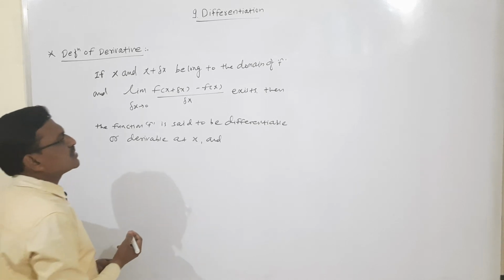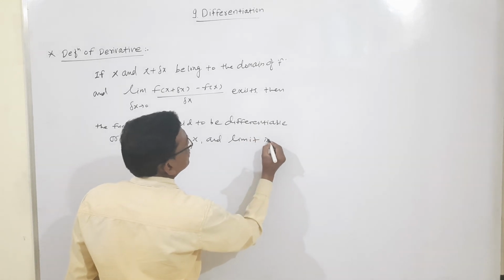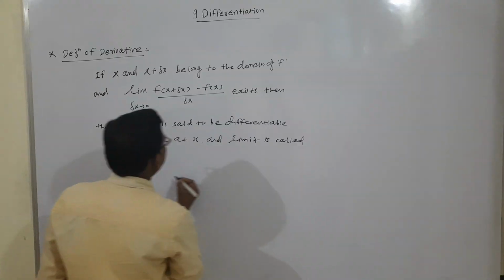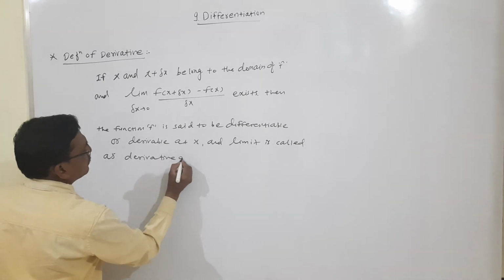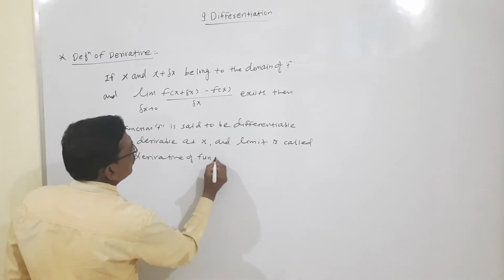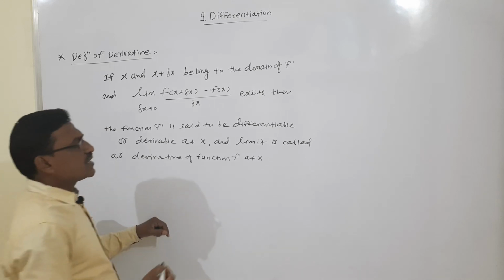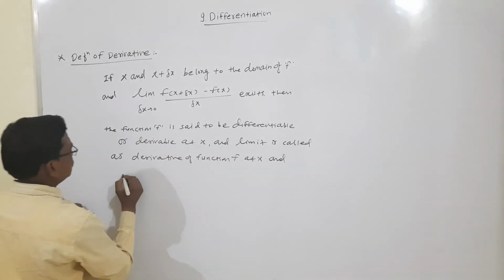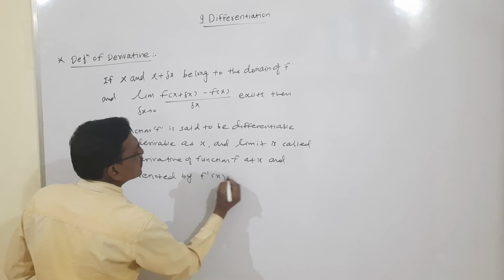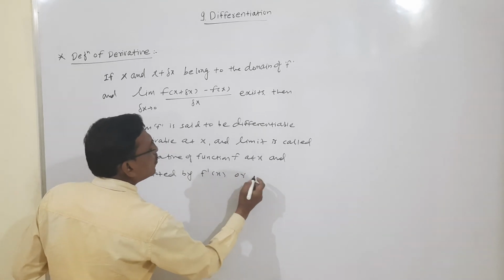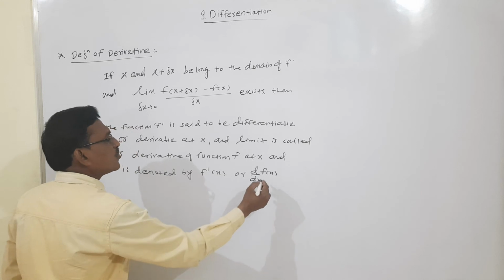Its limit is called the derivative of function f at x, and is denoted by f dash x or derivative of f of x with respect to x.